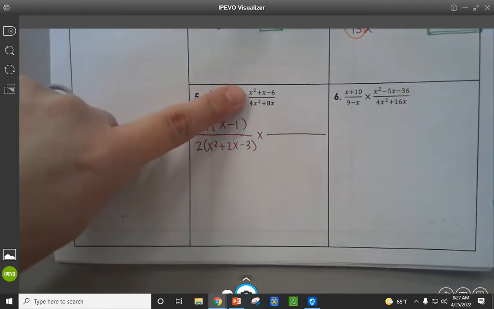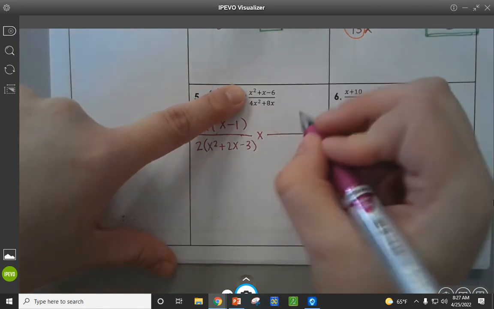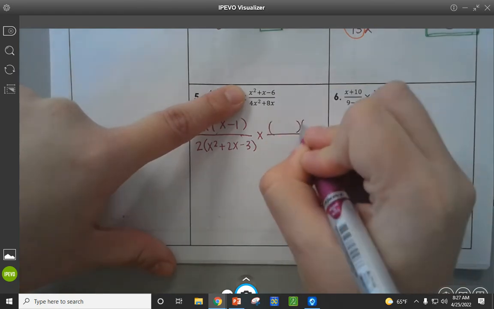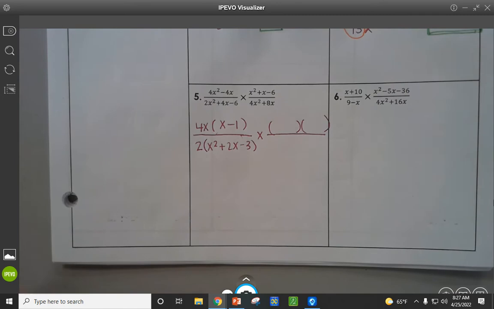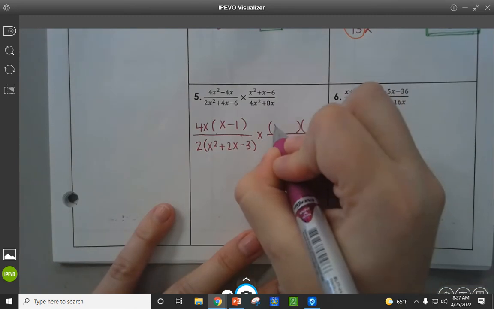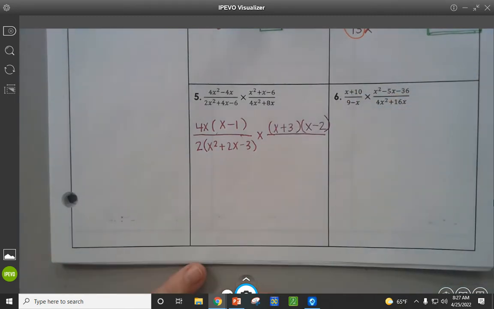Let's go to this other fraction. Does that top have a GCF? No. So we can go ahead and split that one up. What two numbers multiply to be negative 6, but add to be positive 1? 3 and negative 2: x plus 3, x minus 2.